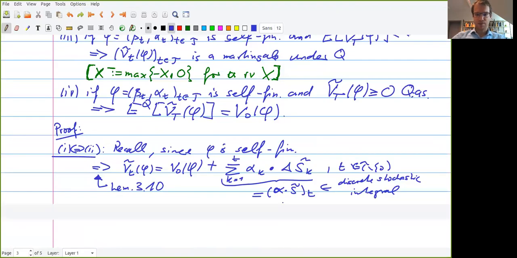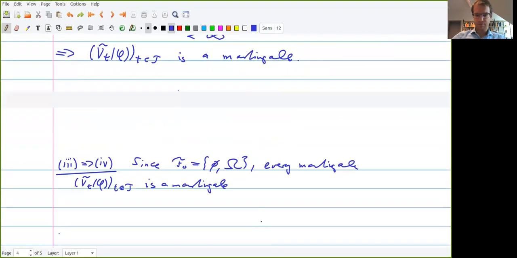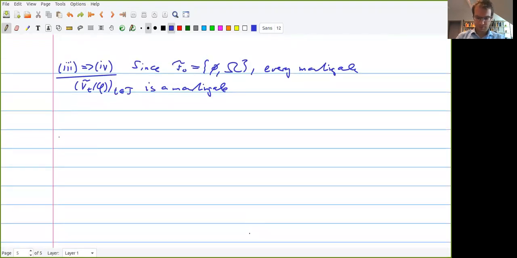Let's go back to the proof. So if we look at this as equal to, right, because this is a martingale.